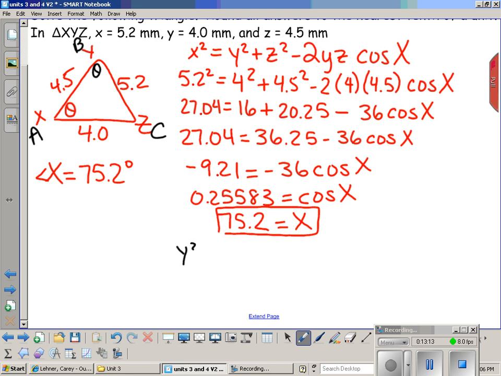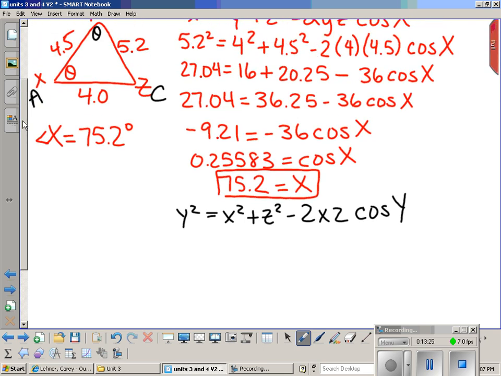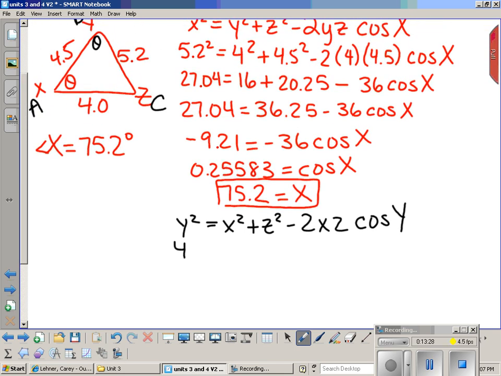So I'm going to have y squared equals x squared plus z squared minus 2xz cos y. And I'm going to substitute the values that I know. So y is 4, x is 5.2, z is 4.5.